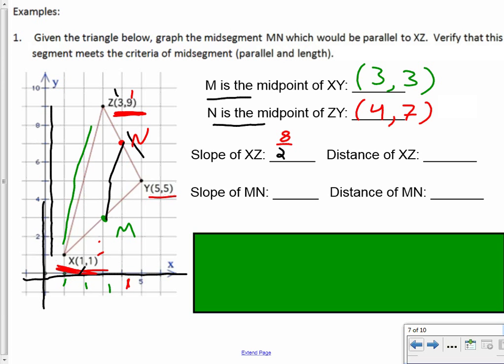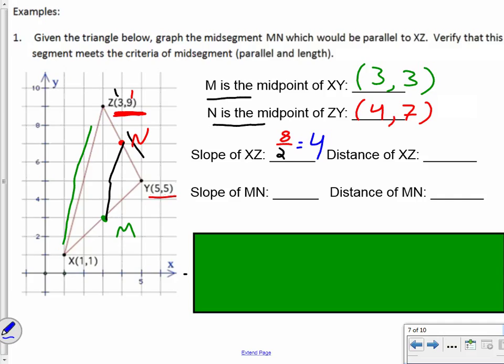We're moving 8 spaces up. I'm going to get rid of some of this extra drawing we don't need. So that's how we figured out that slope is 8 over 2. And we can reduce that. 8 over 2 is actually 4. So the slope of XZ is 4. Okay, let's do the same thing with the slope of M to N.